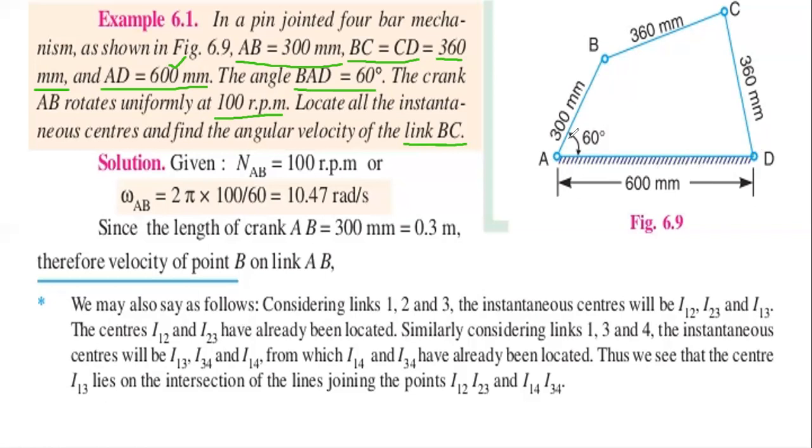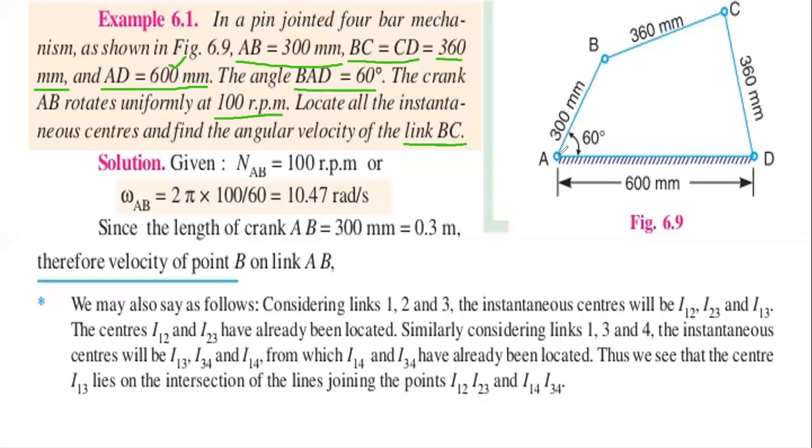To this 60 degrees angle, I'm drawing a line through A, and the length of the line is taken as 300 mm, that is the link AB, having an angle of 60 degrees with the link AD.